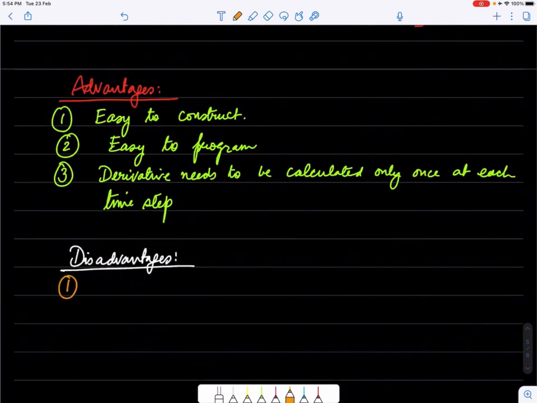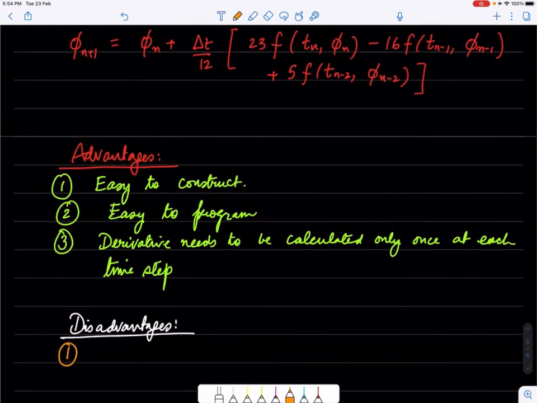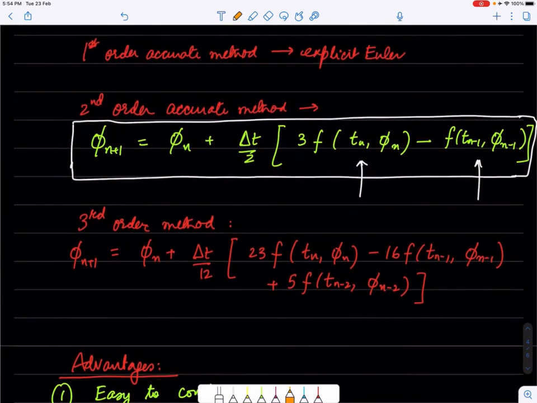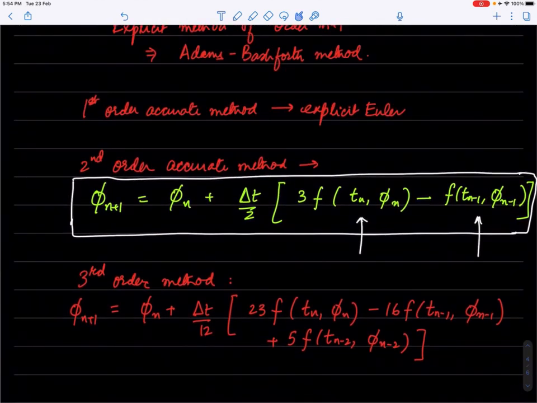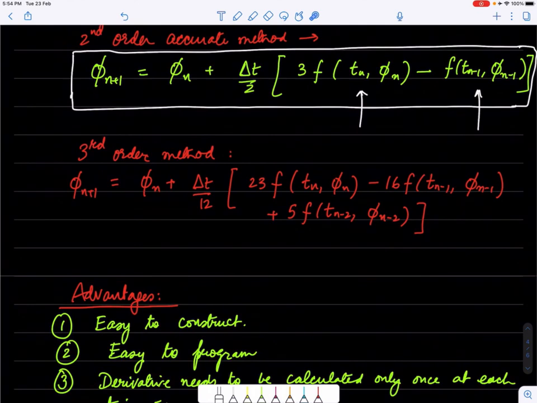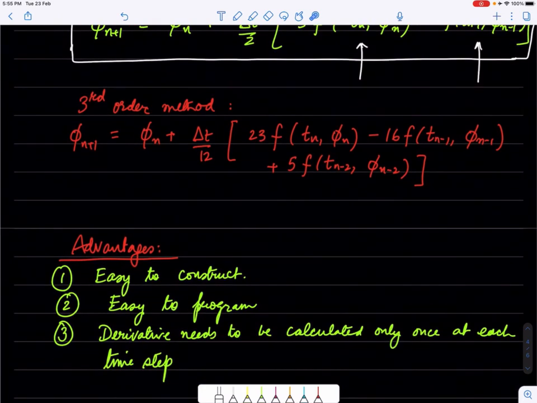The easiest disadvantage to notice is that this method is not self-starting if you are trying to implement a higher order method. If you have a first order method, then you can start with the initial condition. Remember, when you have explicit Euler, you can start with the initial condition and keep marching in time. But if you're doing a second order or a third order method, then you need data points when you start the calculation, and this data at tn minus 2 and tn minus 1 may not be available.